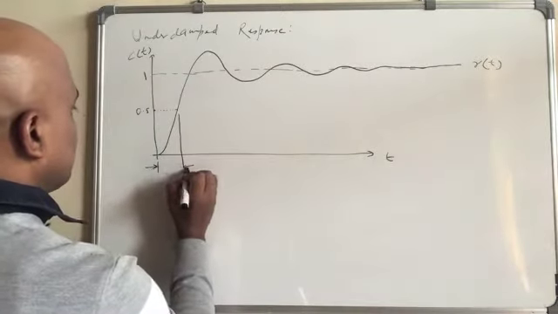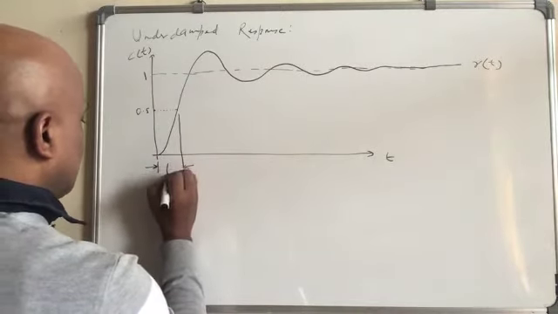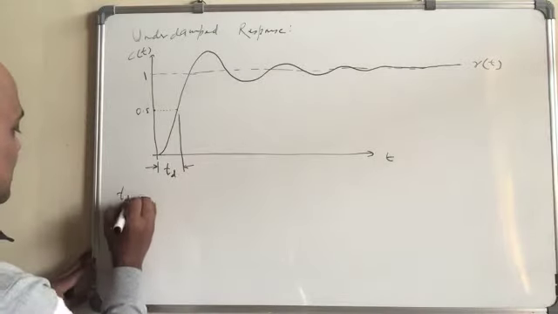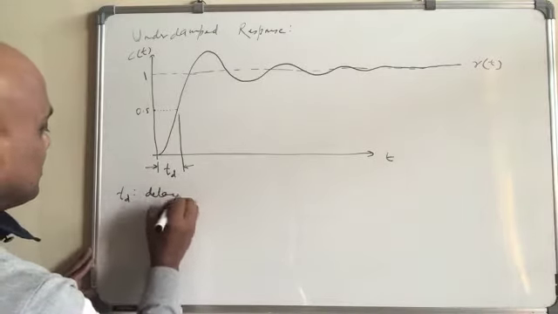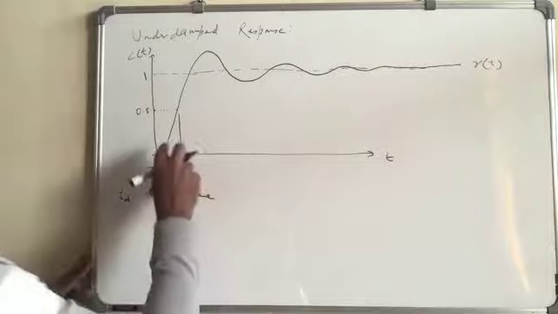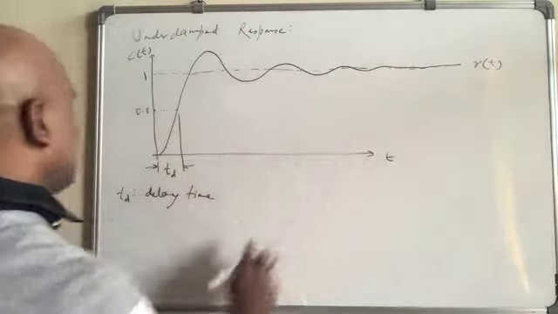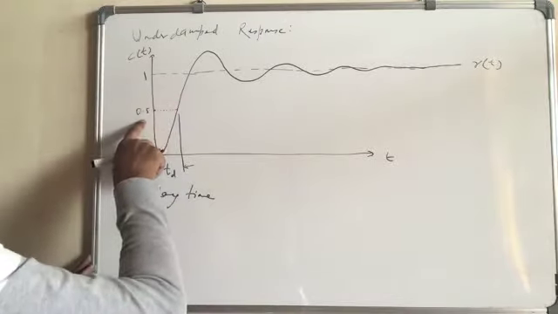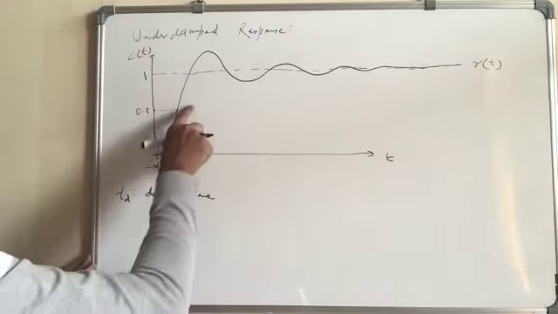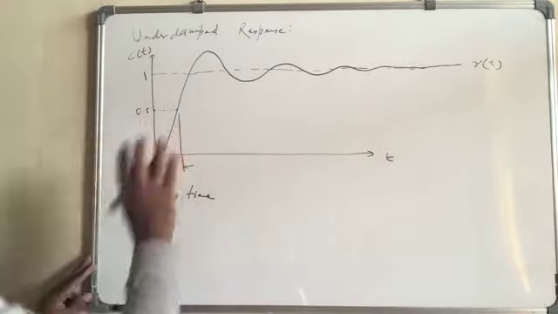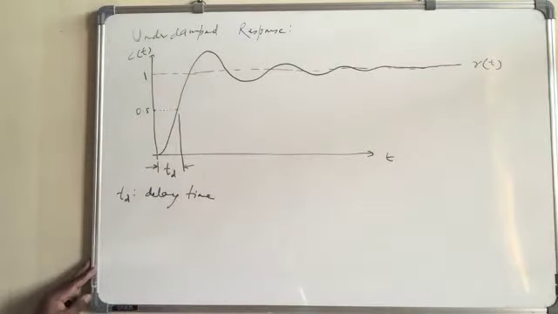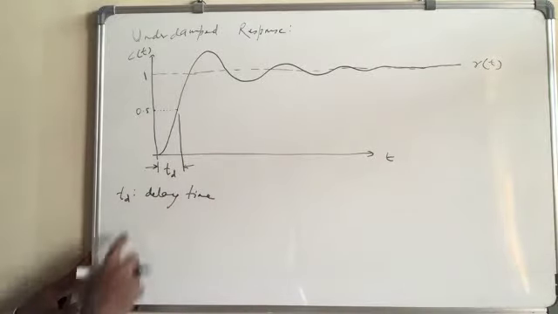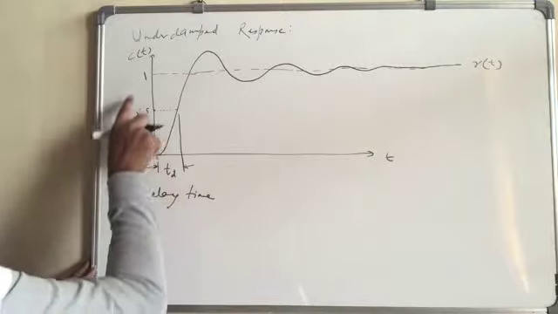So this is called delay time, t_d. Since you know the equation of this, you put C(t) equal to 0.5 and you can find the time which satisfies the condition, the corresponding t, right? So t_d you can find out.